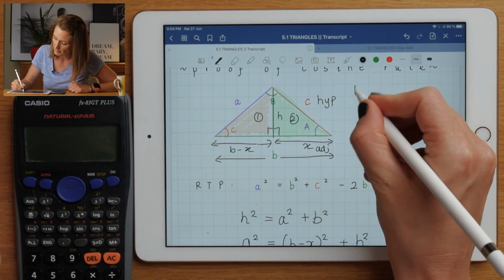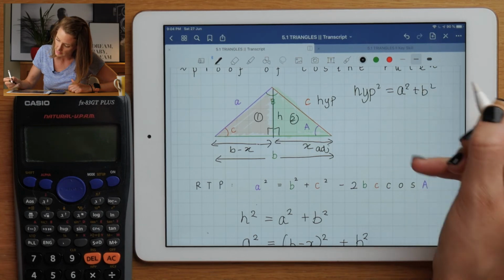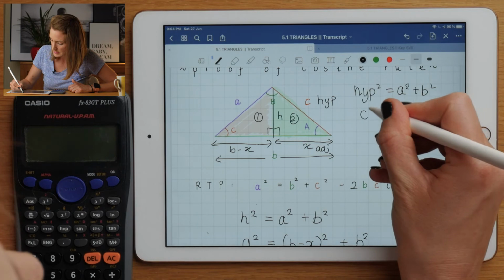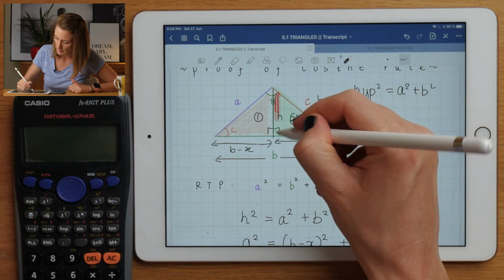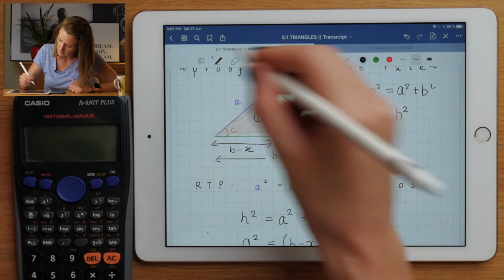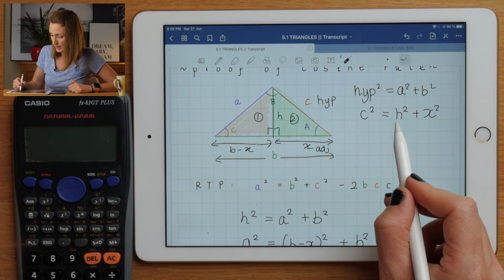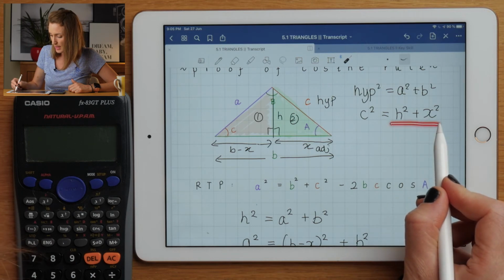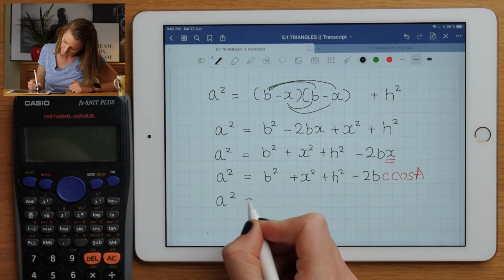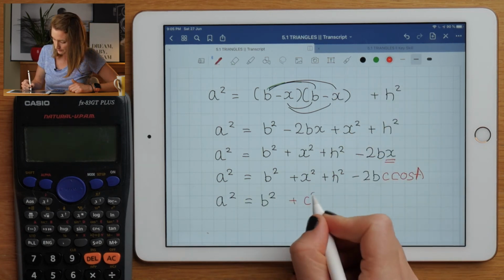So you know that Pythagoras' theorem is hypotenuse squared is equal to a squared plus b squared. So in this case, the hypotenuse would be c. So it would be c squared is equal to h squared plus x squared. So I can take that and directly replace the h squared plus x squared with the c squared. I'm going to put it in red.